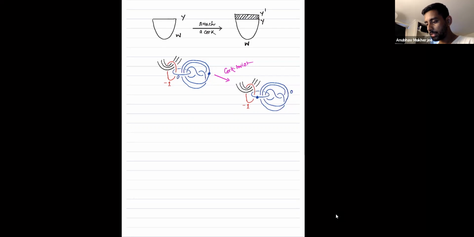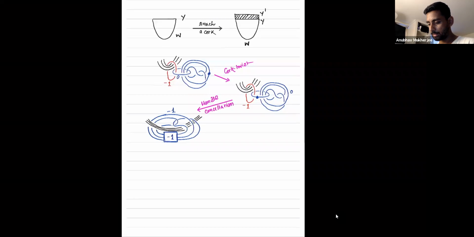But now notice that this 1-handle actually geometrically intersects this red 2-handle. And since they intersect geometrically at a single point, we can cancel them. So in order to cancel them, we first need to slide this handle on top of this 2-handle and then cancel. So we get this picture.